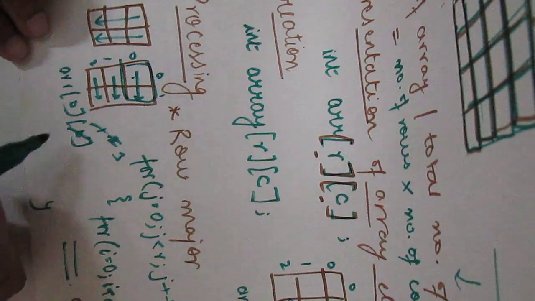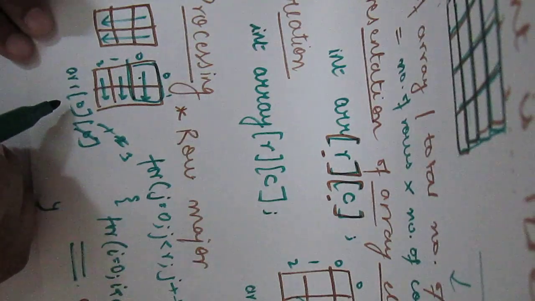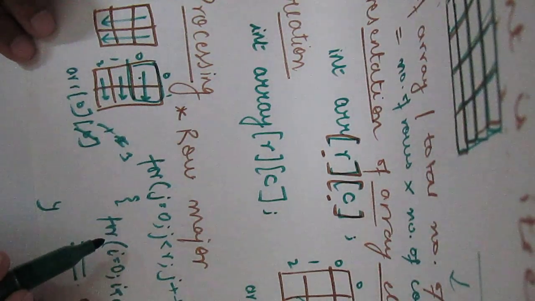We're incrementing I, but j is the same for this particular loop.